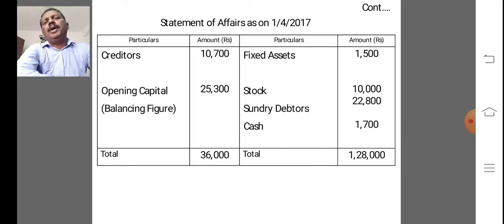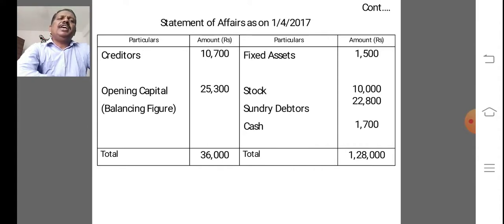Next we prepare opening statement of affairs as on 1/4/2017. So on the liability side, creditors 10,700.